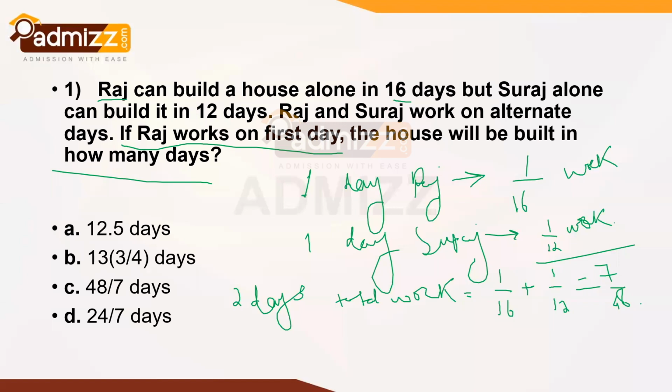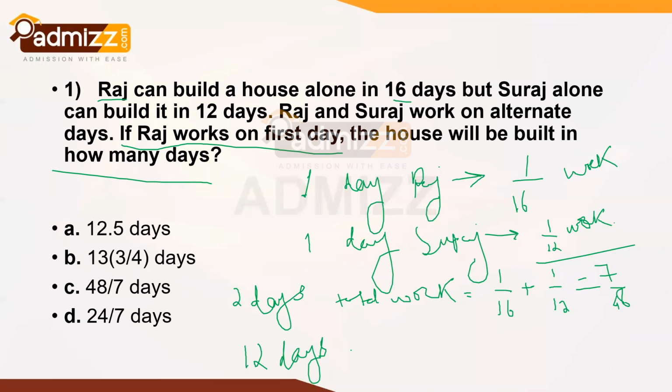So the work that we do should not exceed 1. So let's say we take 6. If we multiply this by 6, that directly implies that the total amount of time that we have used is 12 days, because 7/48 is the amount of work that is being done in 2 days, and if we multiply this by 6, we have to multiply 2 by 6 as well.